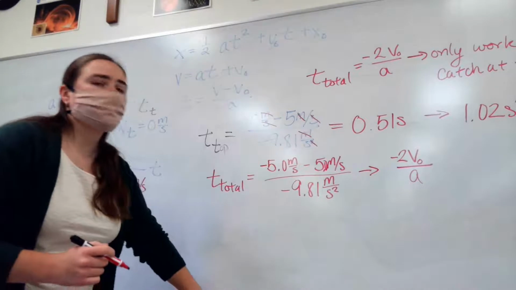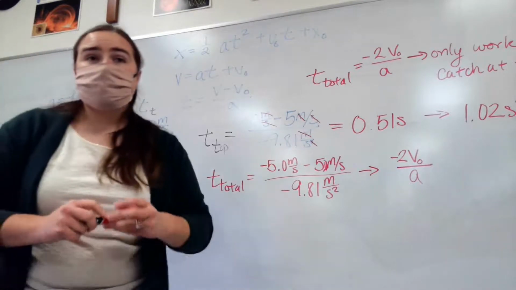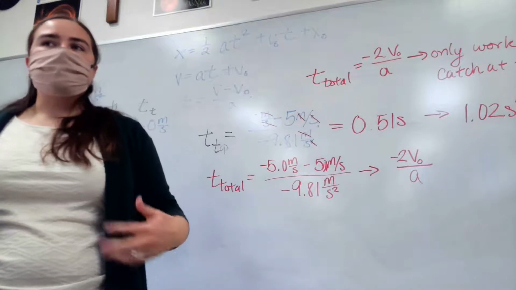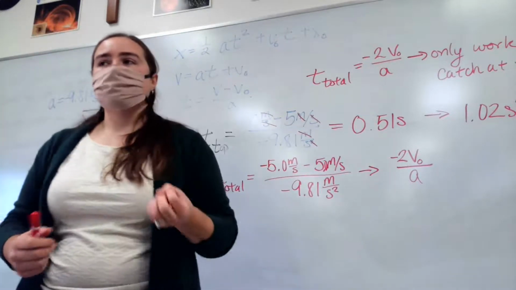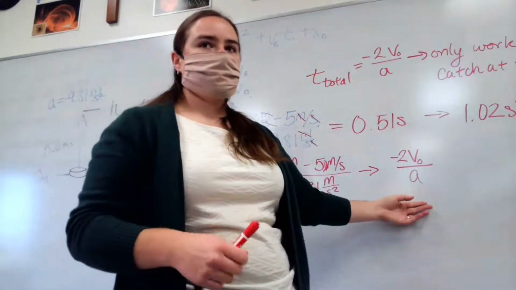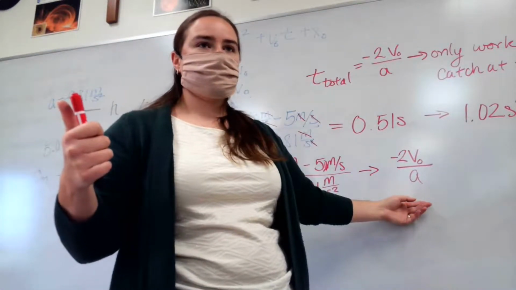All right, so we get the same equation out no matter which way we do it, which is what happens a lot of times in physics, because we can approach a problem several different ways and still get the same thing. Okay? Good?